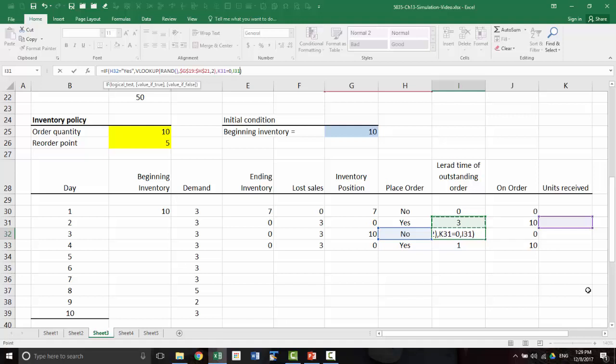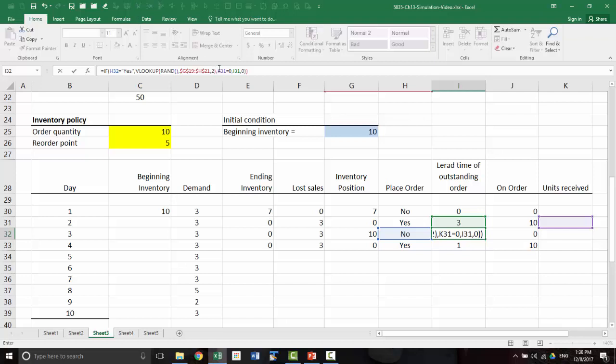If the previous one was 0, then it is 0 now. If the previous was 2, it is 2 now, because whether there was an order or not, nothing happened at the end of the day. If there was no outstanding order, then there is no outstanding order now as well, because no order was placed. If the order was placed, that's a different matter. Otherwise, it is the same as the previous case. Otherwise, it is 0.